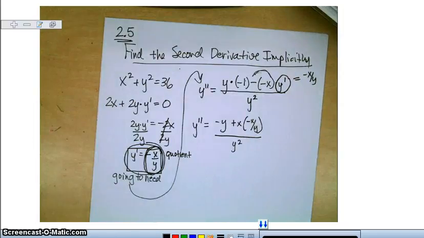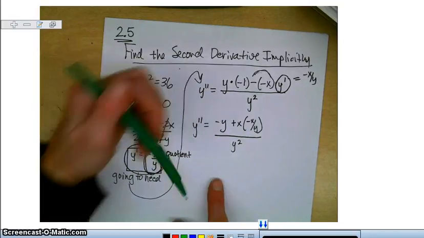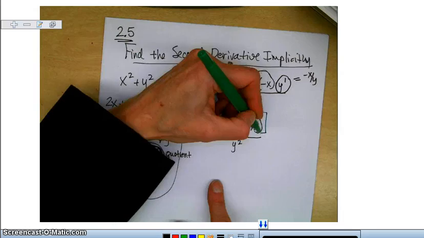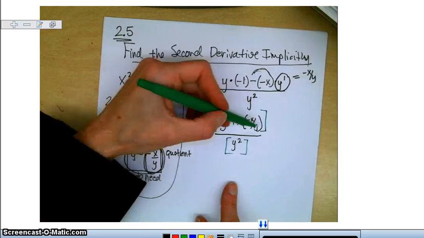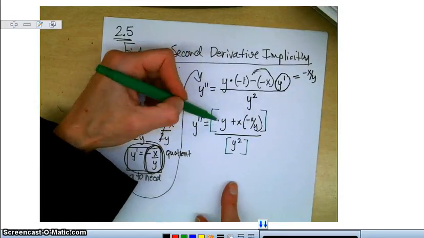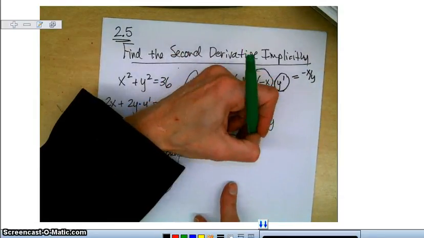Okay, now, can I leave it like this? You would like to leave it like this, but why can't you? Fraction in a fraction. So what can I multiply the top and the bottom by to get rid of that fraction? What's causing the problem here? What's on the bottom? Y. Multiply the top and bottom by y.